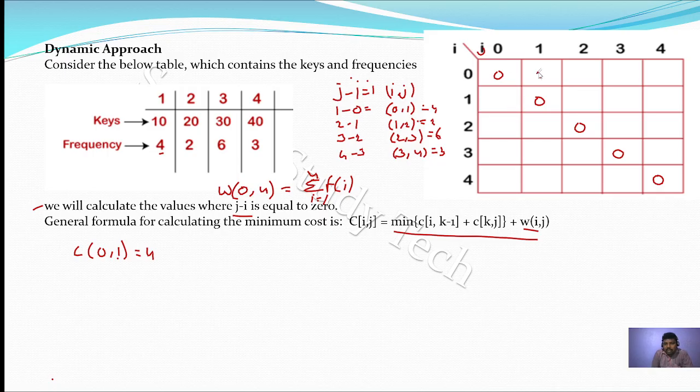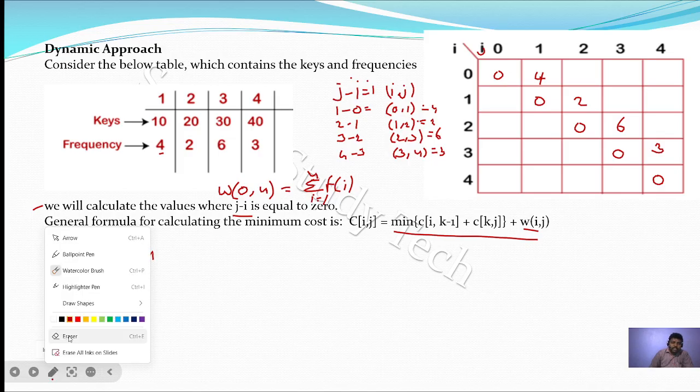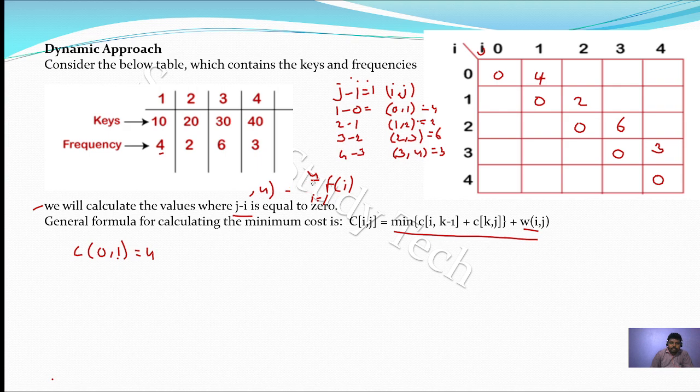You can directly write: consider the first key, the frequency is 4; the second key, the frequency is 2; here 6, here 3. Now what is the next step here?